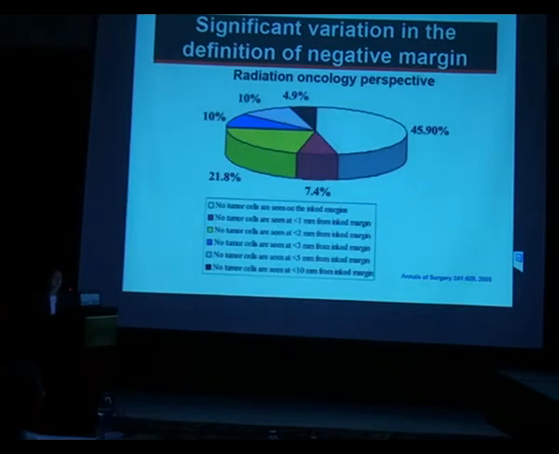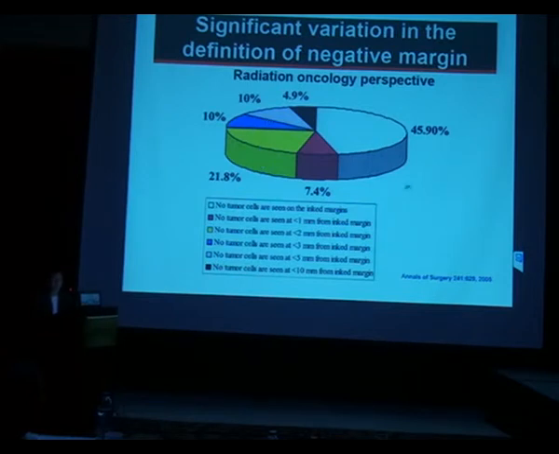Similarly, radiation oncologists, when asked to define negative margin, half of them said no tumor cells seen on ink. And 4.9% said it has to be more than 10 millimeters, and the remainder said 5 millimeters, 1 millimeter, 3 millimeters.